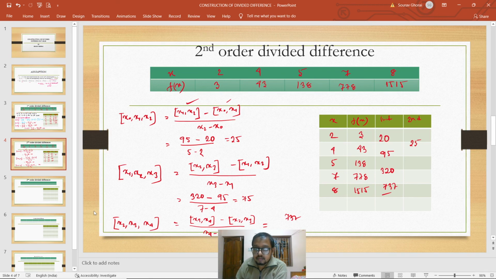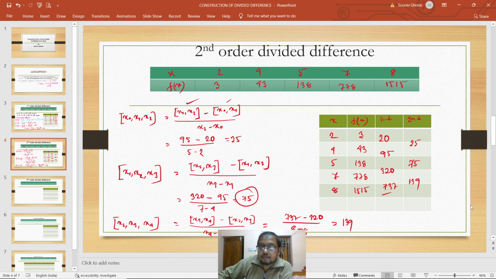This one minus 320 divided by 8 minus 5, and if you simplify, you will get the value 139. So here write 75, and this one now 139. So I hope you understand how we can calculate the second order divided difference.